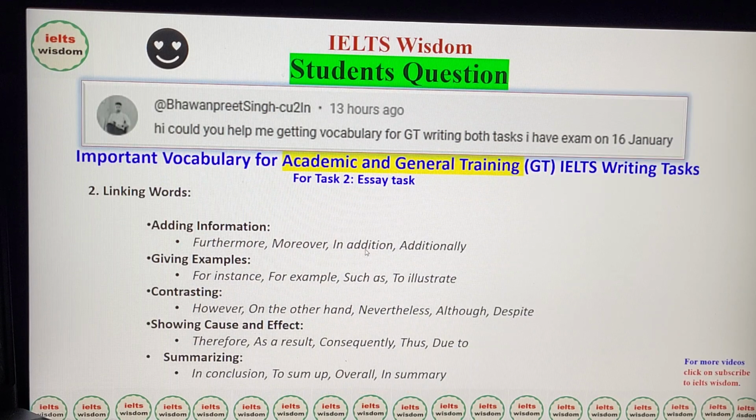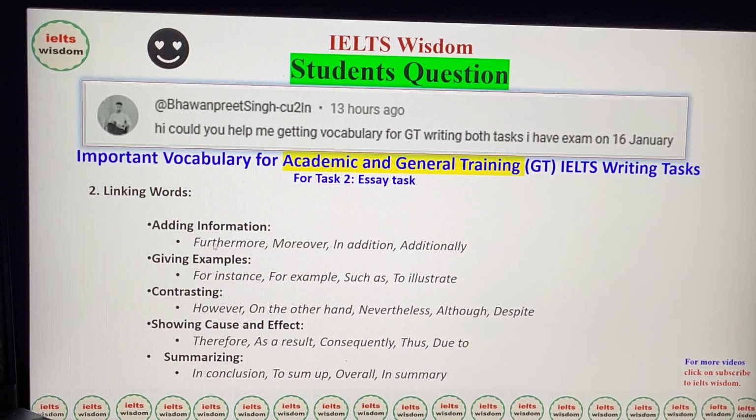Now the linking words which you can use in your essay task, because we are talking about vocabulary and phrases, because on the basis of these two things you can get a high band in your writing task. Okay, so for adding information: furthermore, moreover, in addition, or additionally.